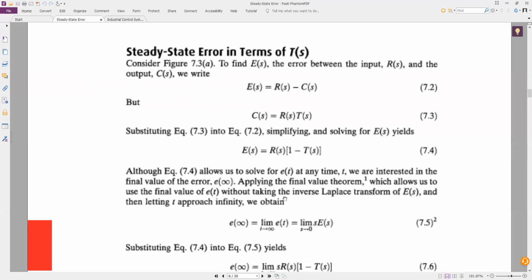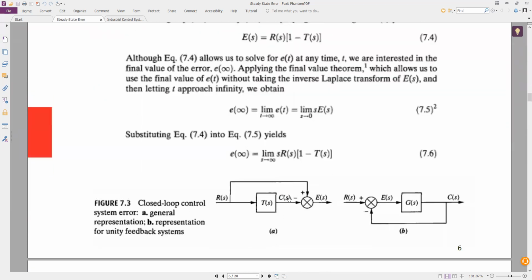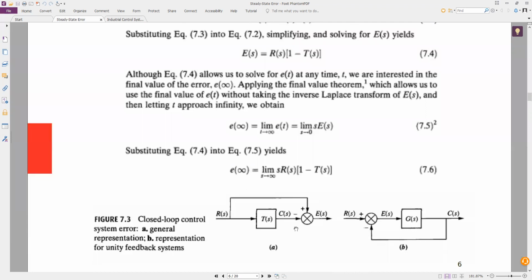Okay, they have considered a figure. Consider this figure. This is a closed loop system, definitely. It is a general representation, a representation for a unity feedback system.